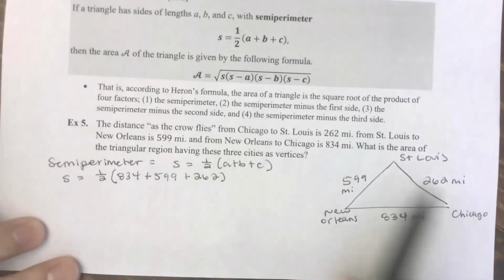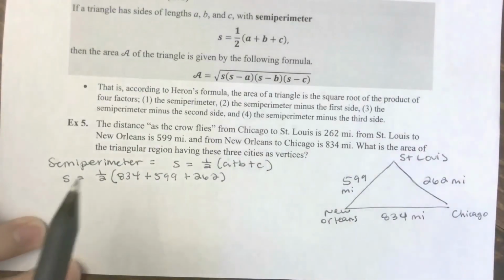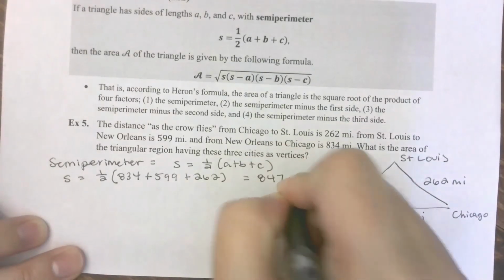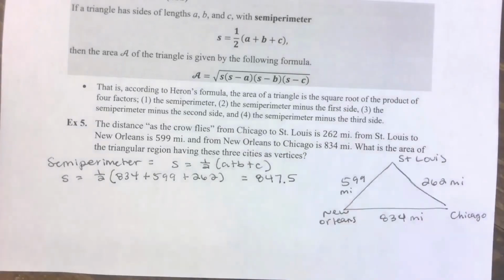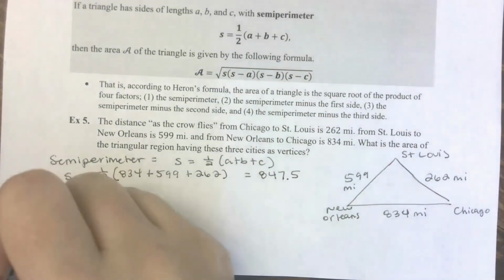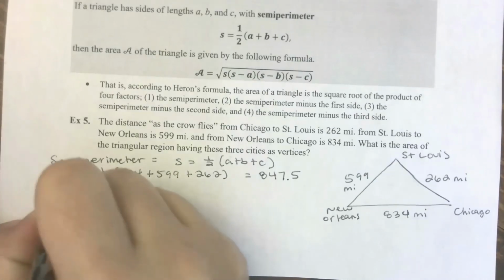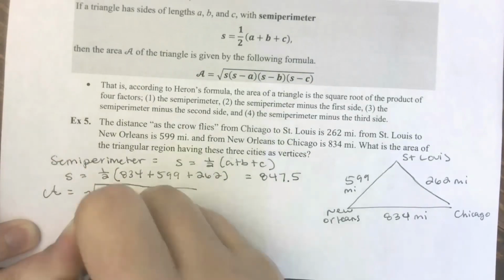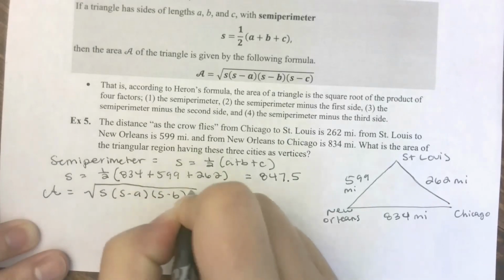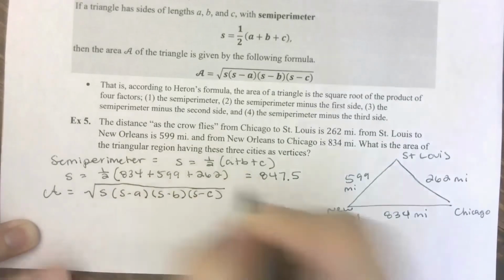I just added all of these sides together and then divided by 2. So S is 847.5. Then you're going to plug this into the formula. So the area formula, which is the square root of S times S minus A times S minus B times S minus C.